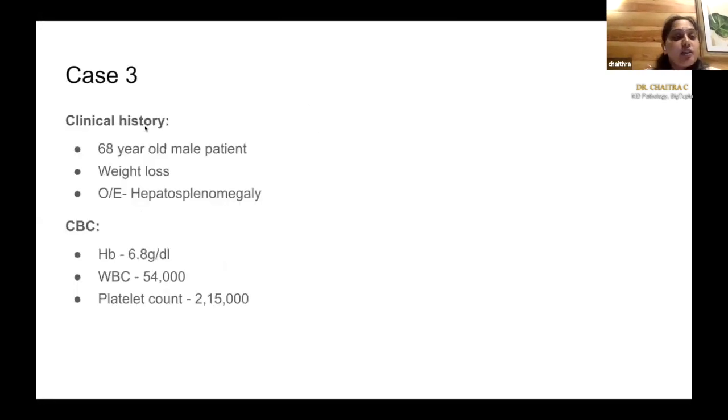The third case was a 68-year-old male patient who came to the medical OPD with a complaint of weight loss. On examination, the patient had hepatosplenomegaly. The CBC revealed hemoglobin of 6.8 gram per deciliter, WBC was 54,000, and the platelet count was normal.